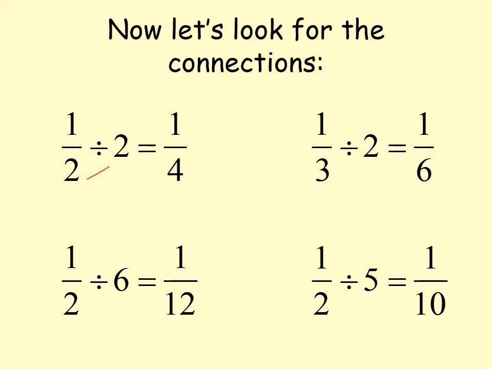Think about what the connection is between there and there, and there and there. What are we doing? Because we can't go drawing pictures every single time. It's okay for some more basic proper fractions, but as they get more complicated, we can't keep drawing pictures.